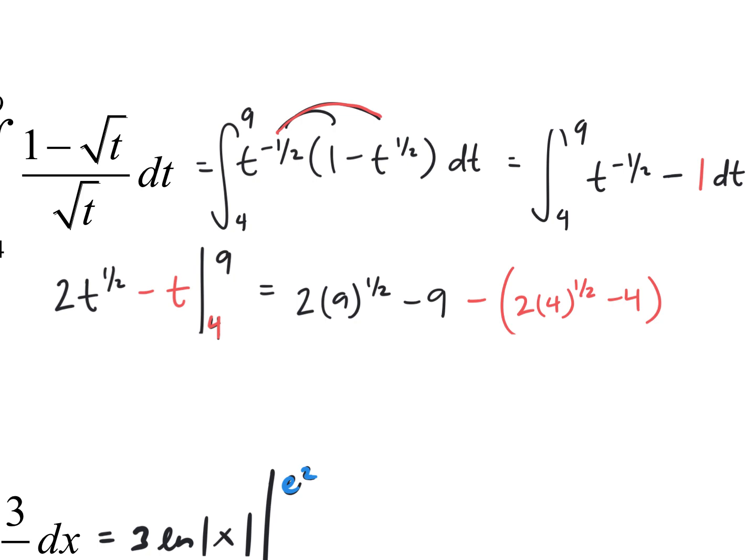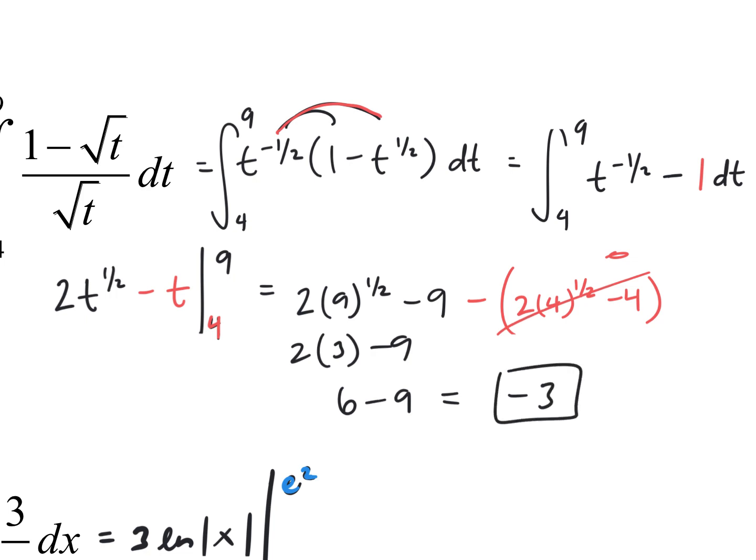So if I evaluate that first piece, I'm going to get 2 times, what is 9 to the 1/2 power? 3 minus 9. And then what's going to happen in this red stuff here? It all goes to 0, right? So then I've got 6 minus 9, which gives me negative 3.